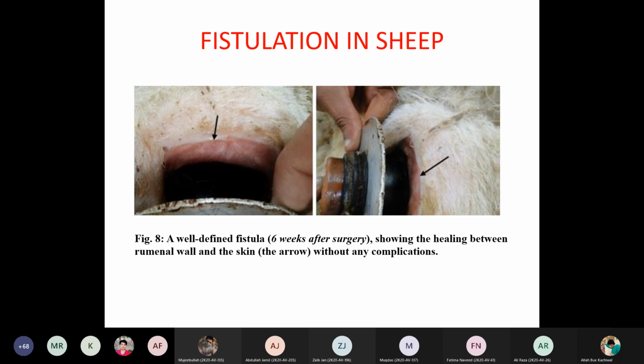It was completely performed, and there were no complications after the application of this cannula.